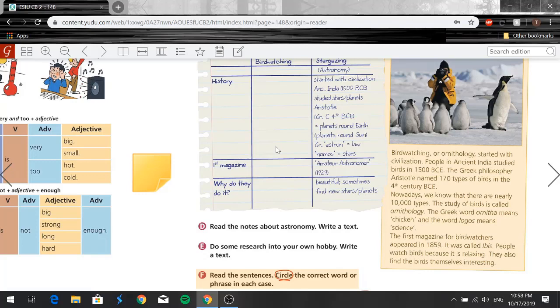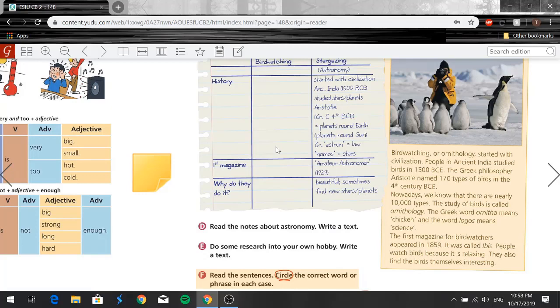The study of birds is called ornithology. The Greek word ornitho means chicken, and the word logos means science. The first magazine for bird watchers appeared in 1859. It was called Hobbies. People watch birds because it is relaxing. They also find the birds themselves interesting.